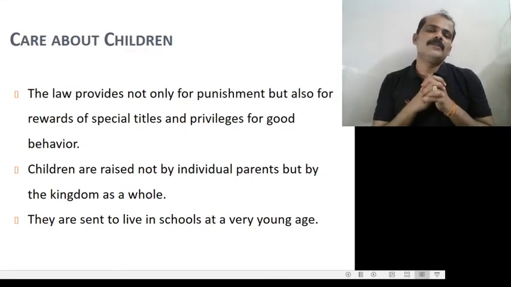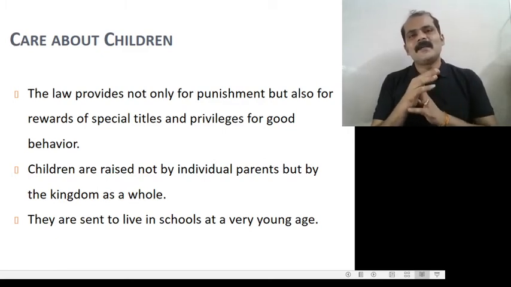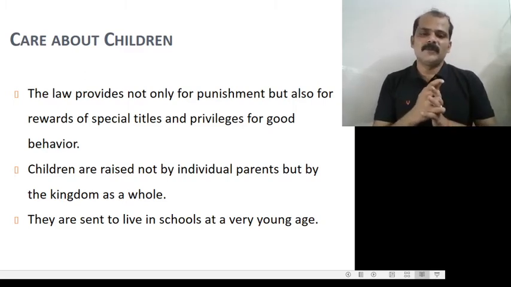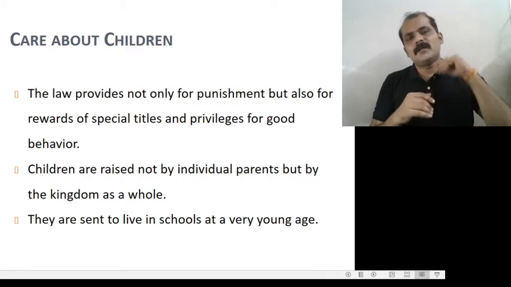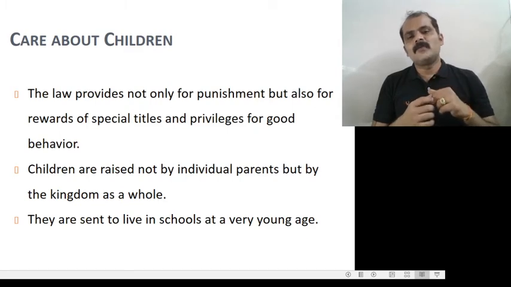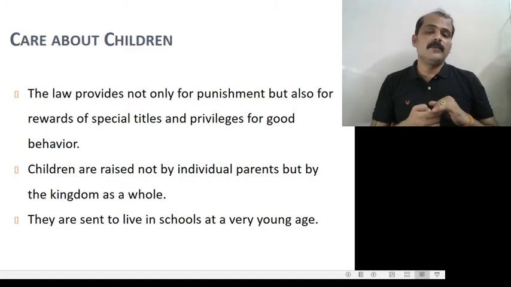Care about children. Let us look at how the care of children is brought out in this chapter. It is also important that Gulliver travels there, and how these things are very important.